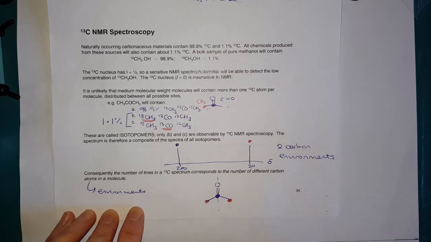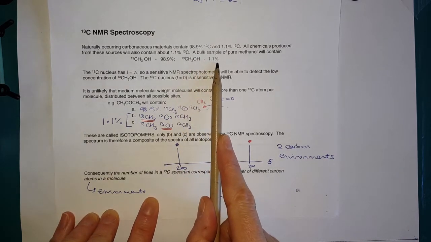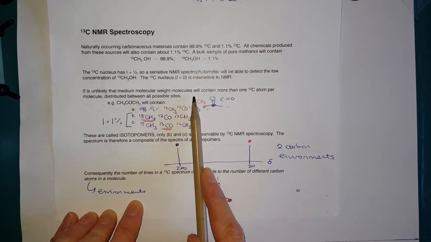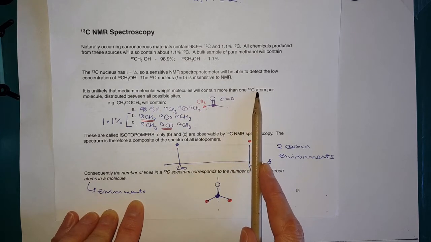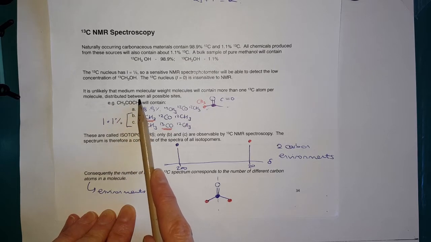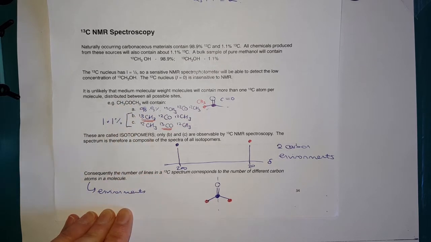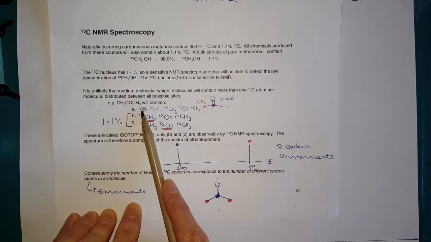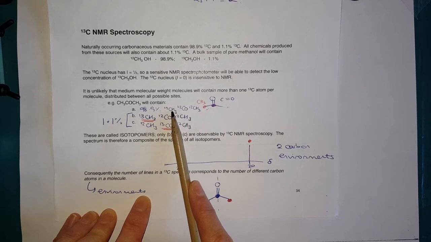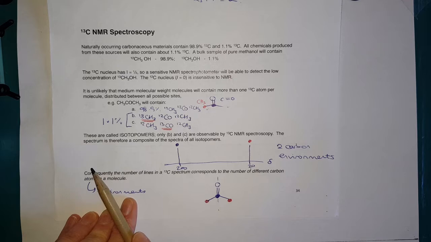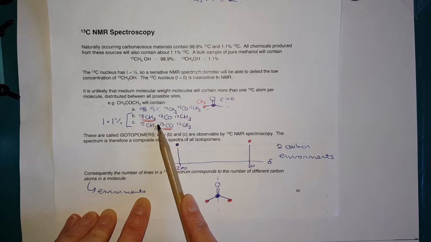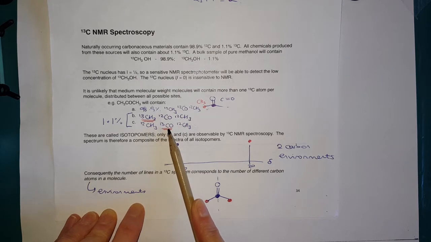Because of this low abundance of carbon-13, it's unlikely that molecules of medium molecular weight will contain more than one carbon-13 atom per molecule. If we look at this molecule here, it's propanone or acetone. 98% of that will have the 3 carbons as carbon-12, and the final 1.1% is likely to have a carbon-13 as the CH3 or a carbon-13 as the carbonyl carbon.